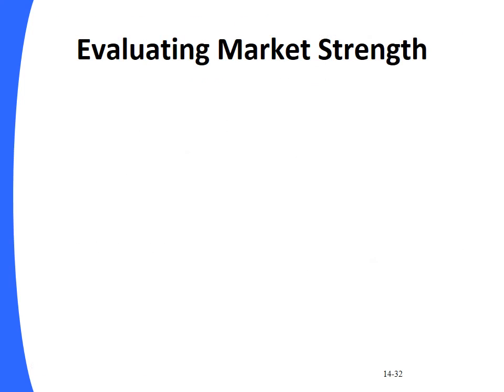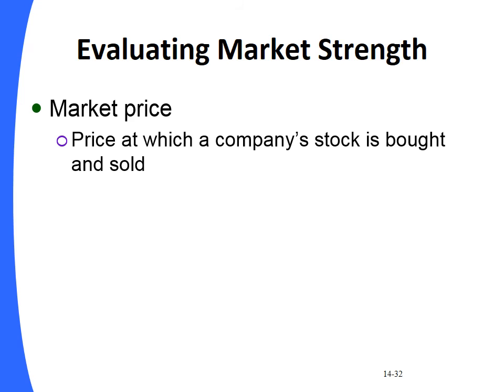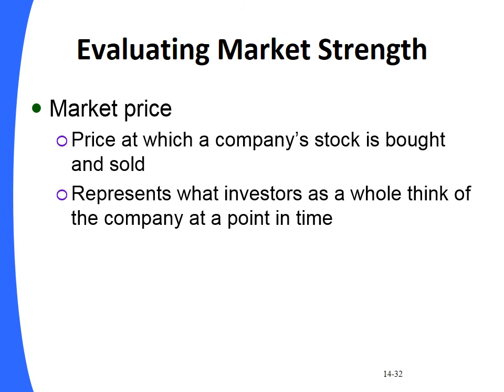Market strength. Market strength talks about the market price of a stock, and this market price is what you're going to find on the internet. Actually, you're going to have to do some research when you look for the market price of a company.